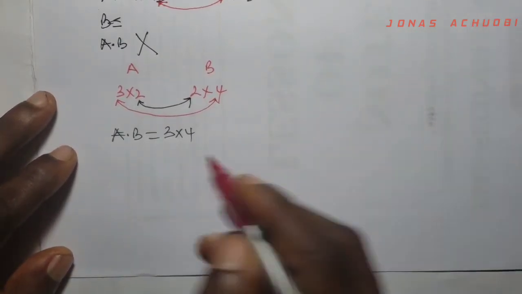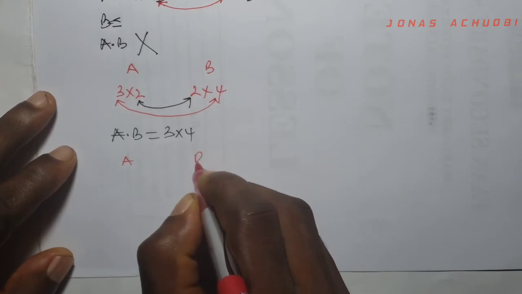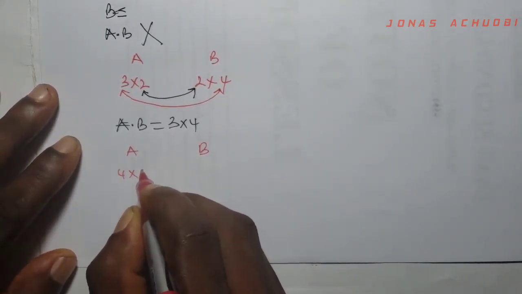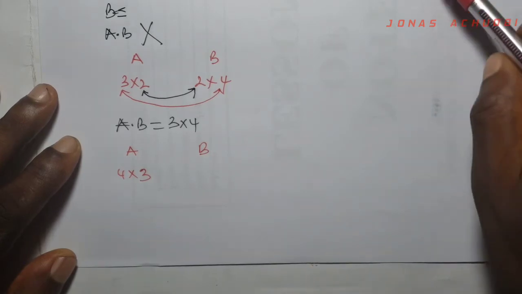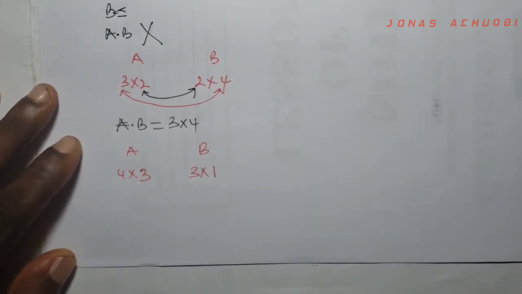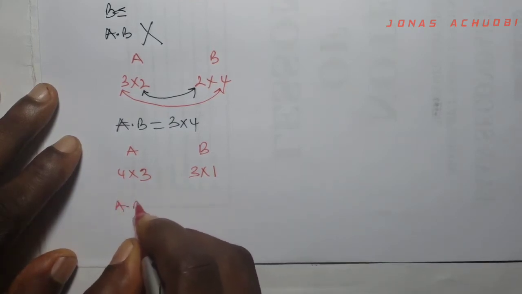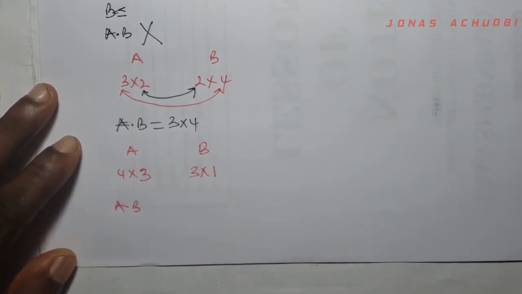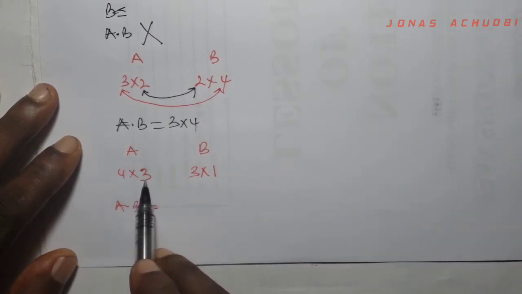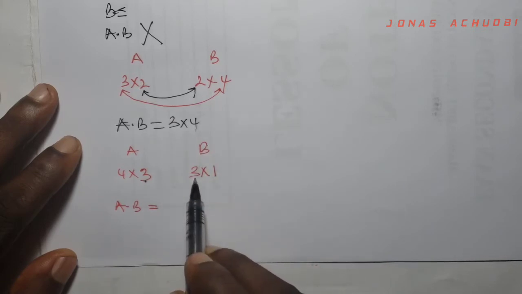We have matrix A and matrix B. If matrix A is a 4 by 3 matrix, and matrix B, on the other hand, is a 3 by 1 matrix, can we perform A times B? The answer once again is yes. We can perform A times B because matrix A has 3 columns, while matrix B has 3 rows.